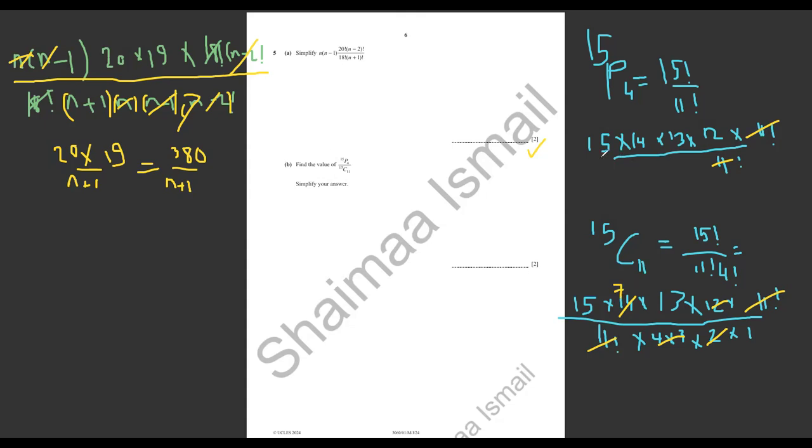So this is the numerator, which is 15, 14, 13, 12, and the denominator will be this.